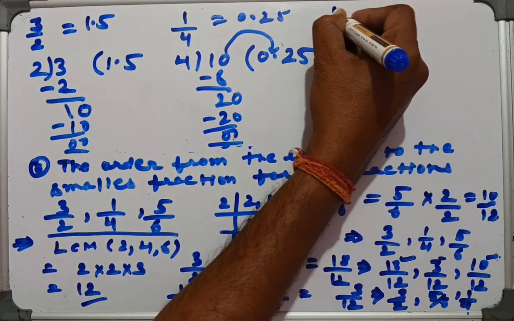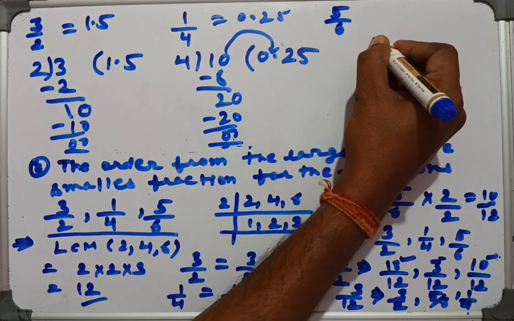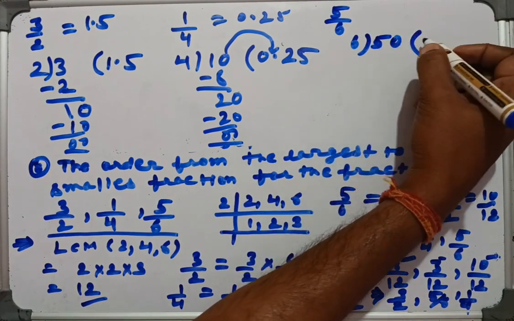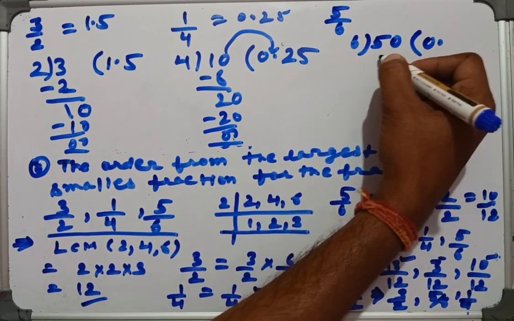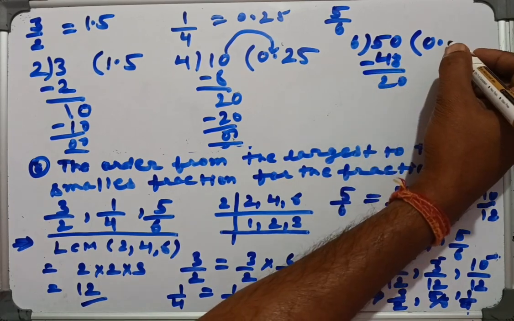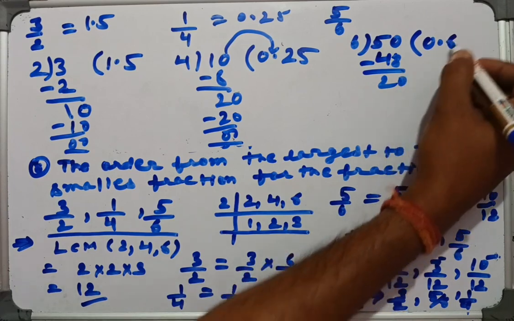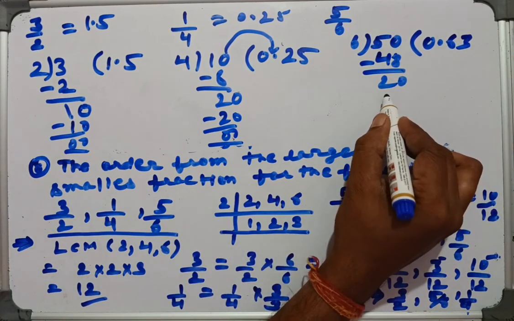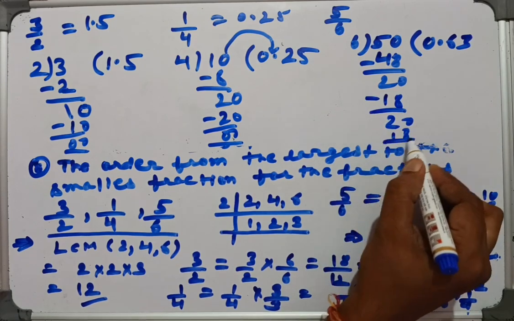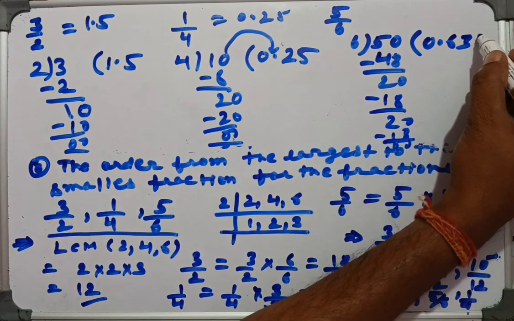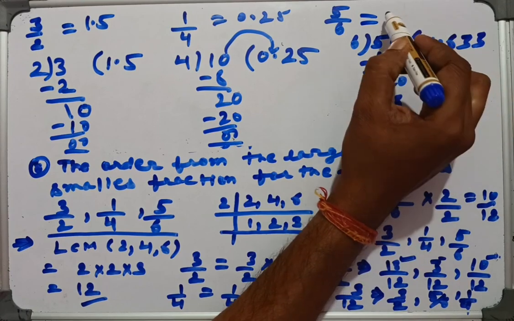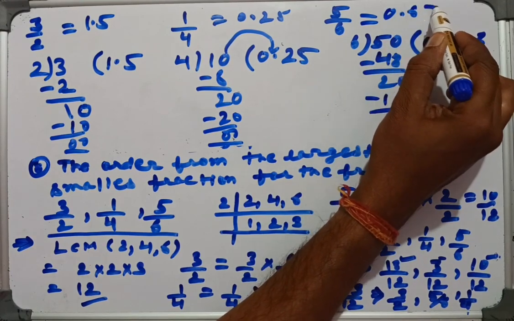Now the next one is 5 by 6. So put 5 inside and 6 outside, put a 0, and for this 0 put a dot. Then this becomes 48, this is 20, and 6 threes are 18, so 20 minus 18 leaves 2, then this becomes 3 again. So the value of this one is 0.633.